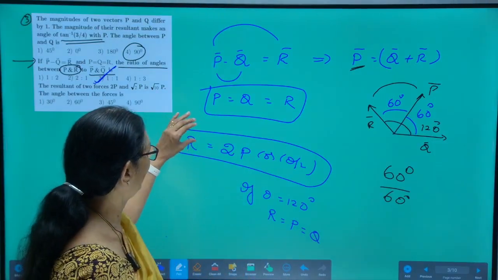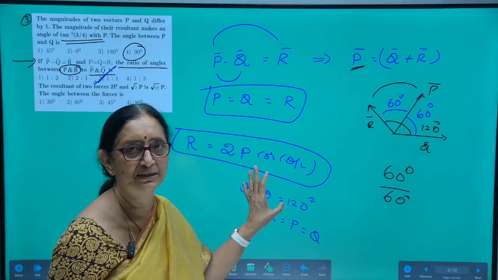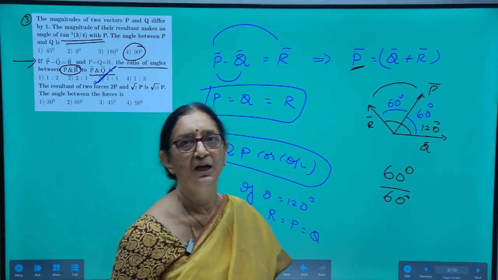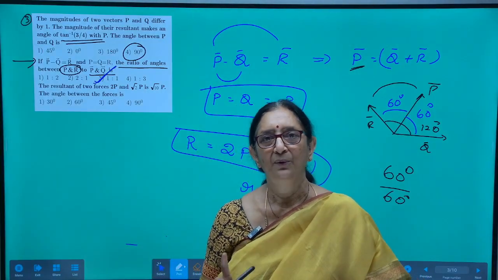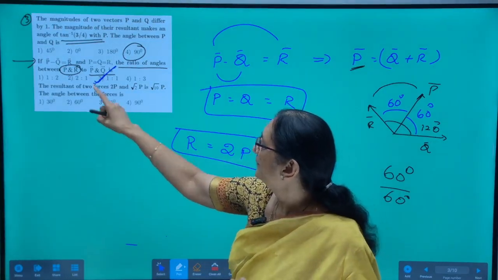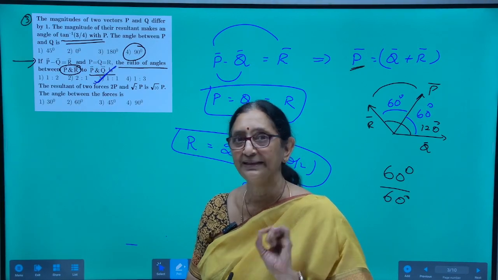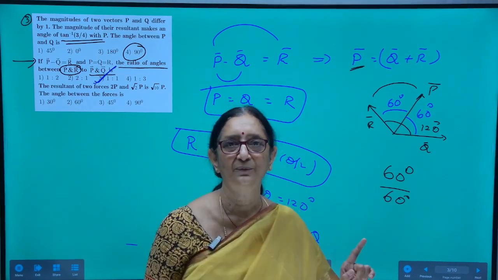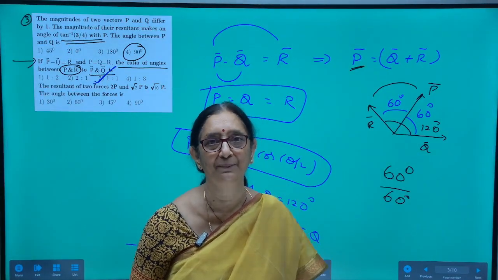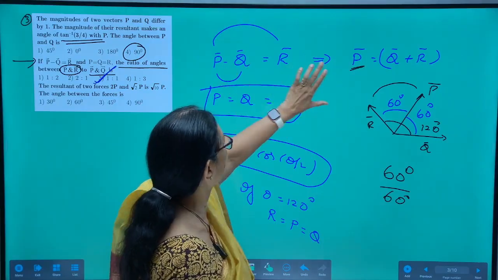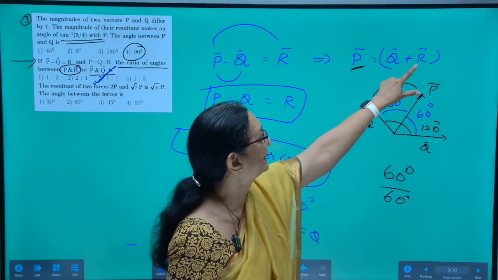So, here you have to have this concept very thorough. When I am explaining the same problem, look here. When two vectors of the same magnitude are at an angle of 120 degrees, the resultant is equal to one of them. Here all of them are of equal magnitude. So, from this expression, P is the resultant of Q bar and R bar.